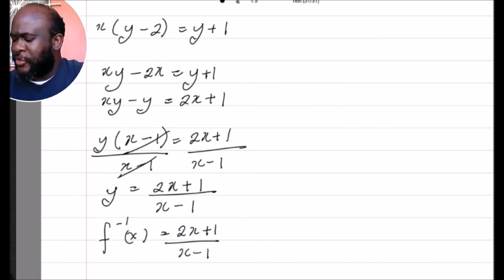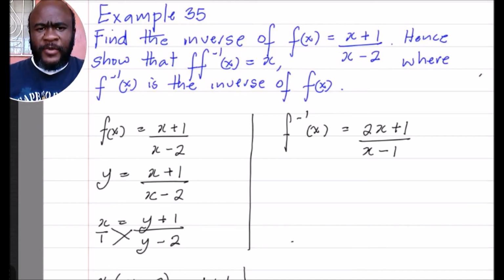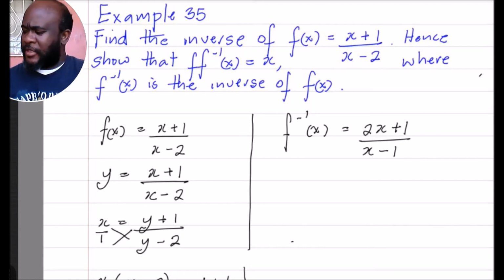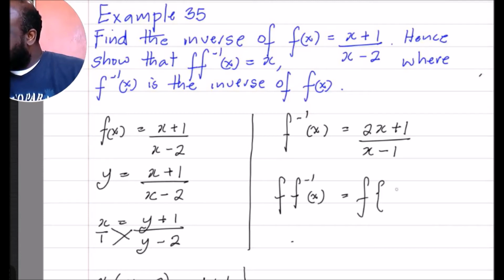Alright, so that's the first thing we have to do. So now the last thing we have to do is we just found the inverse. So now we have to show that f of f inverse of x is equal to x. So we have f of f inverse of x is the same as saying f, and in bracket we have f inverse of x.